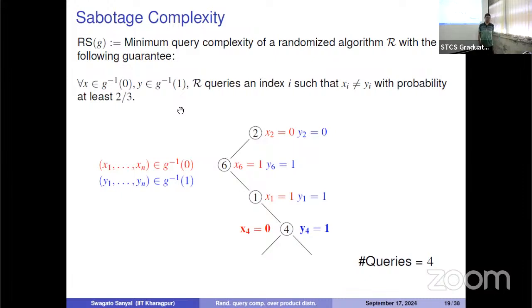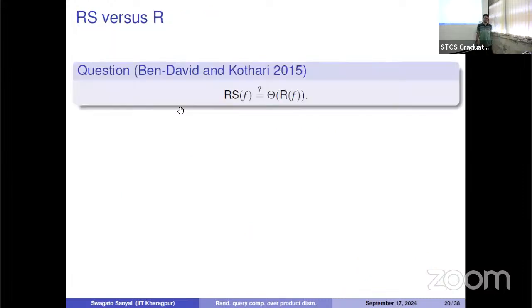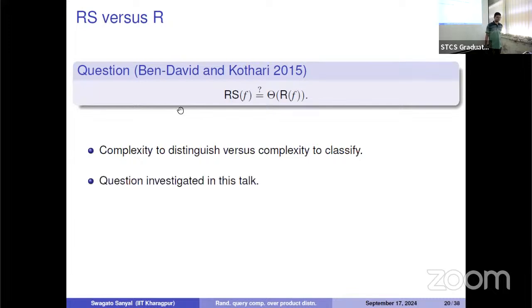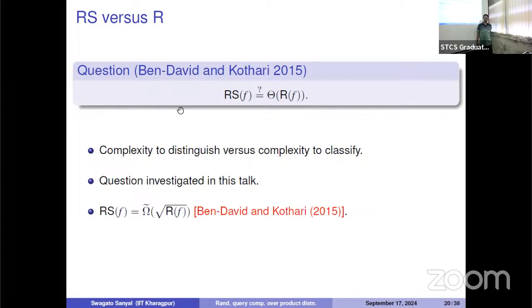On the other hand, R captures the difficulty of classifying a given X into one of two classes, 0 or 1. And this, as I said, is the question we are investigating in this talk. Benjamin and Kothari showed that RS is at least square root of R, up to factors.